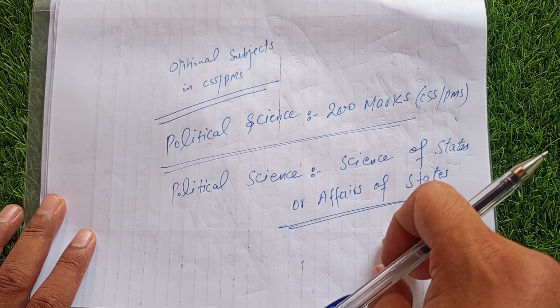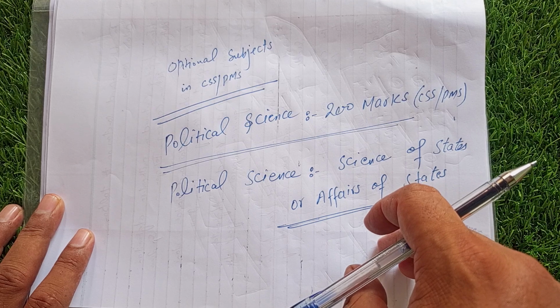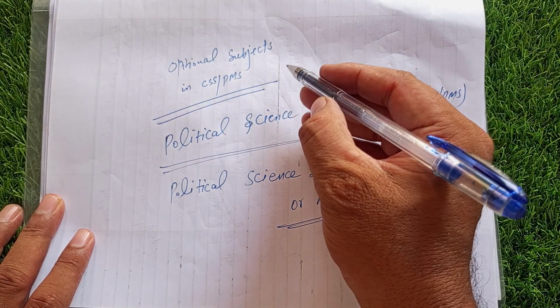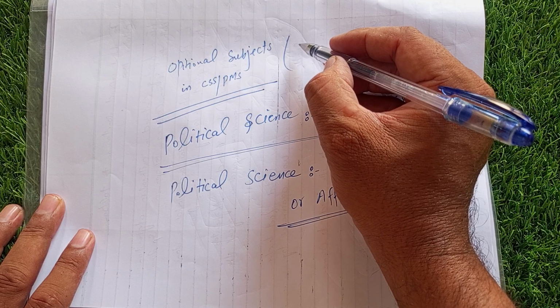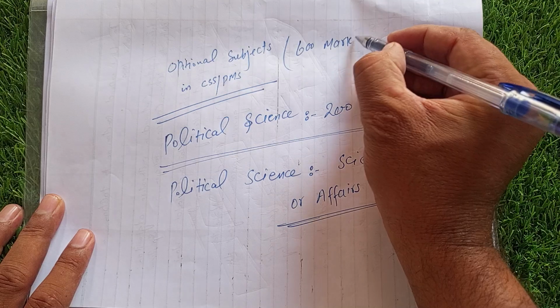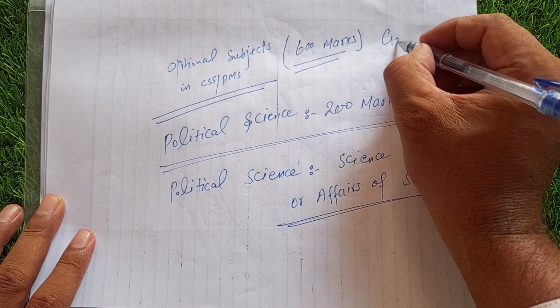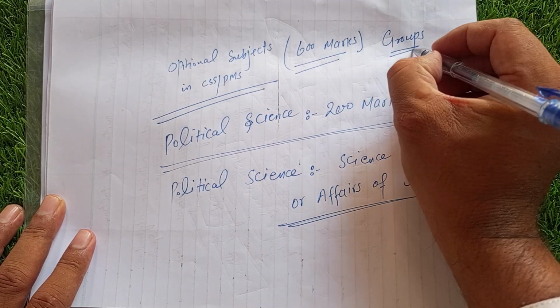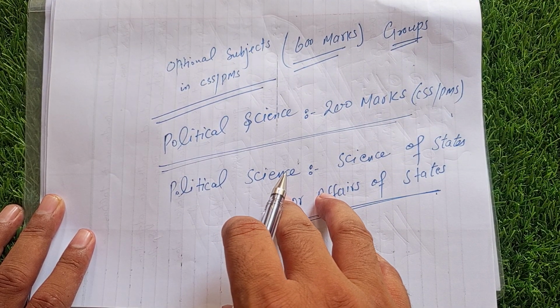Hello dear aspirants, in this video we are going to talk about optional subjects in competitive exams. As you know better, you have to opt for 600 marks of optional subjects from different groups, and it depends upon the aspirant.